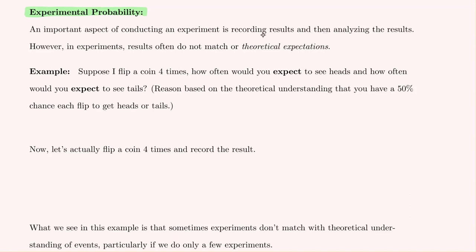But one thing to keep in mind is that in experiments, results do not match our theoretical expectations all of the time. There's no guarantee that the outcome of my experiment is exactly matching my theoretical expectations.